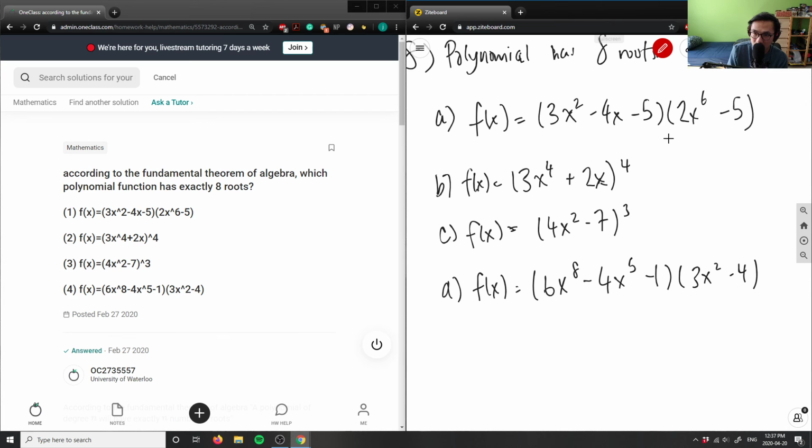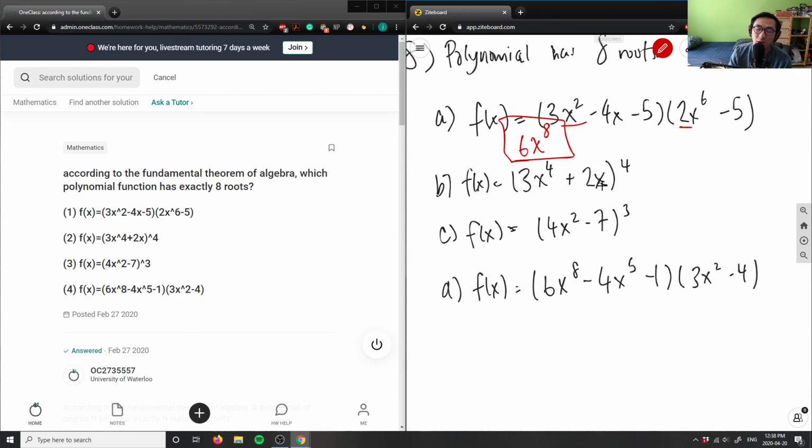So in this case, I would get 6x to the power of 8 as my first term. And I could do this with this one times this one, and so on and so forth, right? But as you can see, my polynomial has a degree of 8, which is my highest degree in this function. So this has 8 here, which is good because I want 8 roots, right?